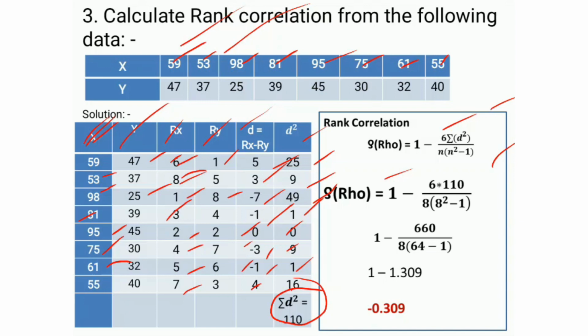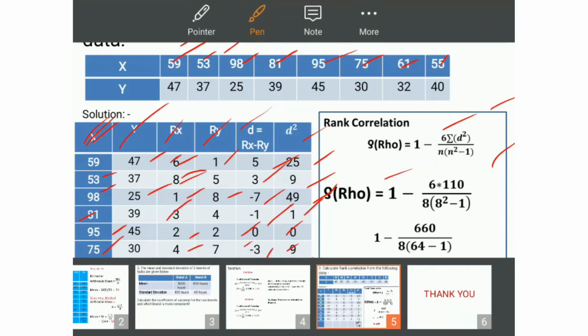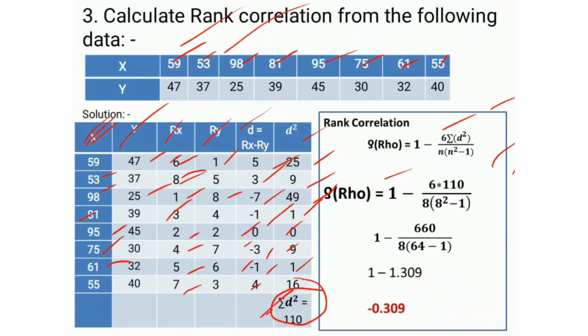So 1 minus 6 into 110 divided by 8 into 8 square minus 1. 64 minus 1 is 63, 8 into 63 is 504, and 660 divided by that value gives 1.309. 1 minus 1.309 is minus 0.309, so a negative correlation exists between X and Y, which states that it's a negative and low degree of correlation.